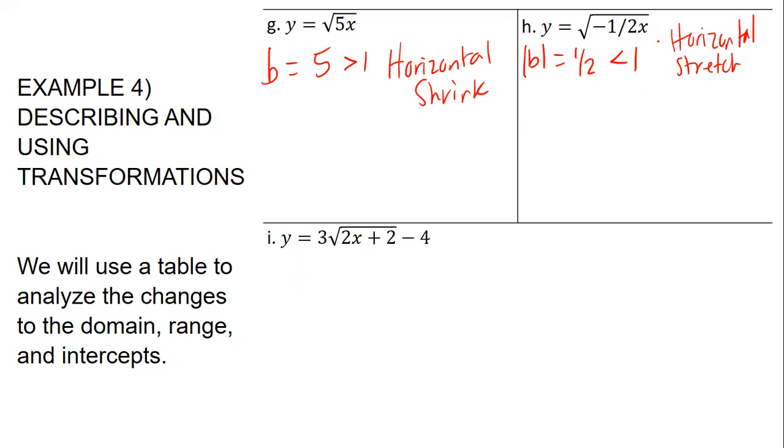So paying attention to the negative means that not only did it horizontally stretch, but it also reflected, right? So we stretched and we reflect. It's always the opposite. So if the negative is with x, then it's going to reflect over the y. If the negative is with the y, it's going to reflect over the x. So in this case, our negative is with the x, so it's a reflection over the opposite, over the y.